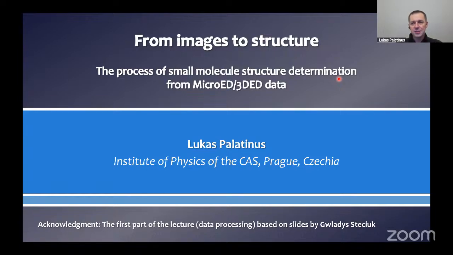I will often relate to how things are done in X-ray diffraction. So for those of you who are familiar with X-ray diffraction, you'll get the differences. But if you're not, don't worry, it will still be comprehensible.